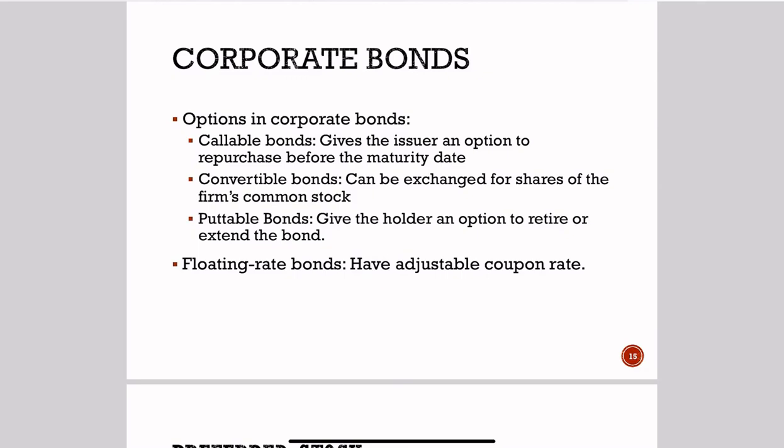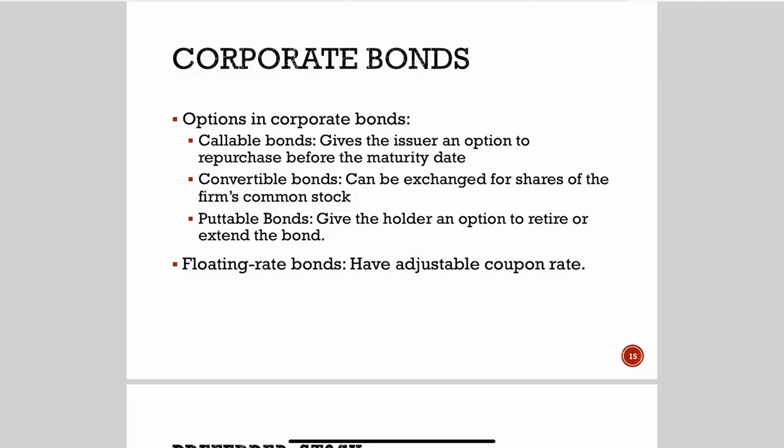Then there are also very popular convertible bonds. Judging from the name, you can see that these bonds can be converted into firms' equity. Then the third type is puttable bond. It means that if you're the debt holder, then you have the option to retire or extend the bond.